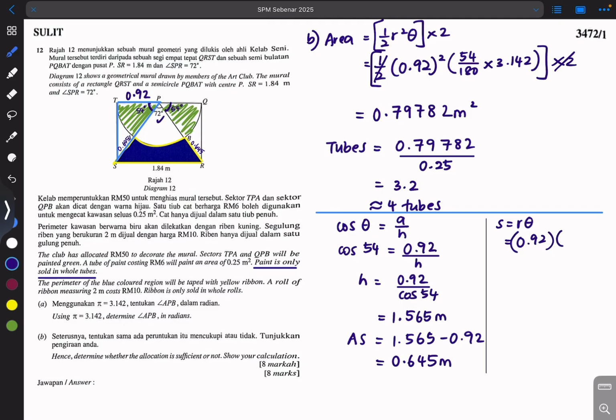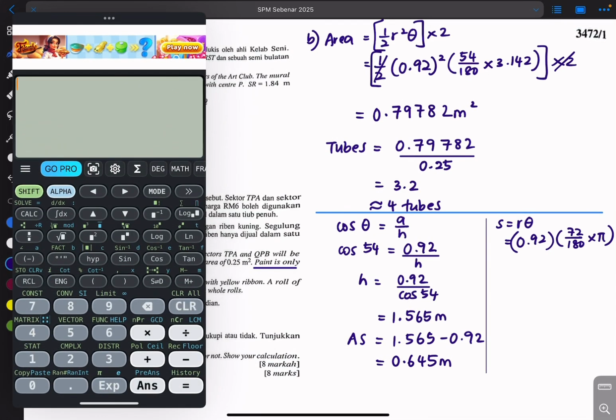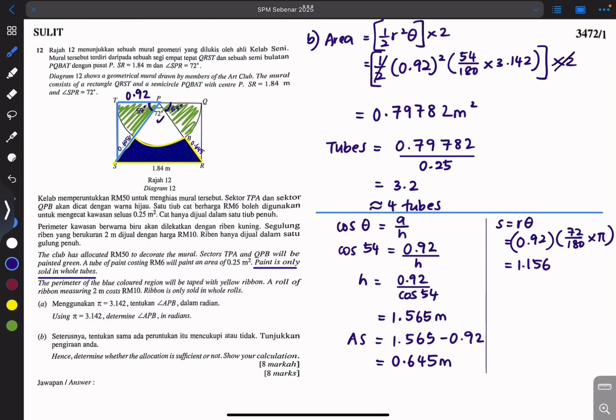We know the theta in radians, that was the first question. Alamak, erased already. Okay, we do again: 72 over 180 times pi. 0.92 times 72 over 180 times 3.142. So S is 1.156. This is the length of AB.